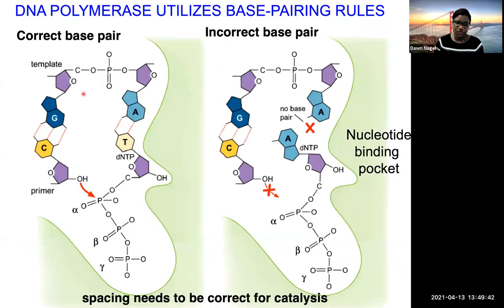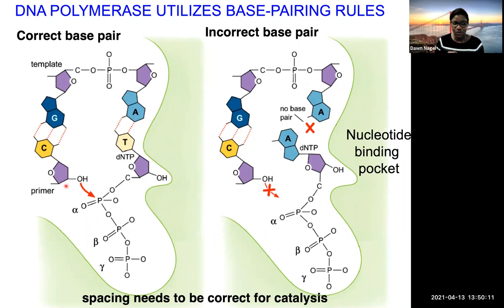The way structurally that happens as well is that DNA polymerase recognizes and utilizes base pairing rules. It knows which base is supposed to be added together based upon the structure and also the topology of the double strand within the cell, and also the spacing between bases.